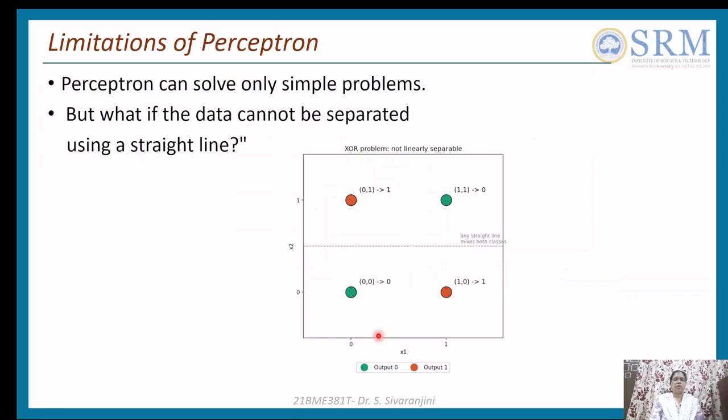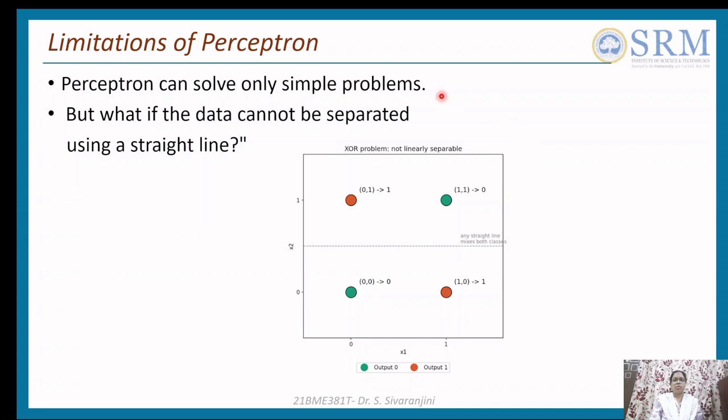Moving on to the lecture, we learned in the previous lectures that a perceptron can solve only simple problems. But what if the problems are very complex and the data cannot be separated with a straight line? We already saw that an XOR problem cannot be solved with a perceptron.